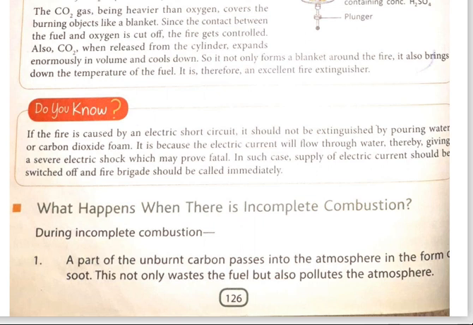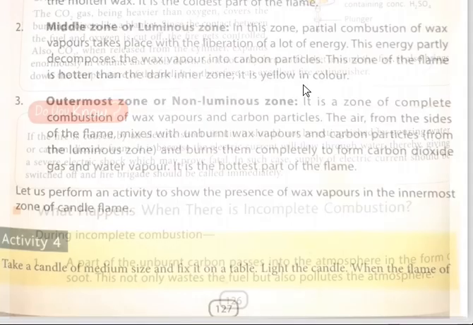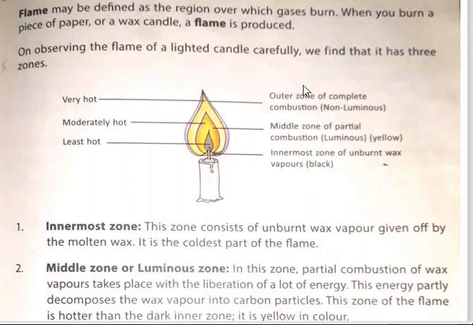Some part of the fuel remains unburned, and it turns into soot in the form of carbon particles, which get mixed with air and cause a lot of problems for us. It pollutes the atmosphere too.